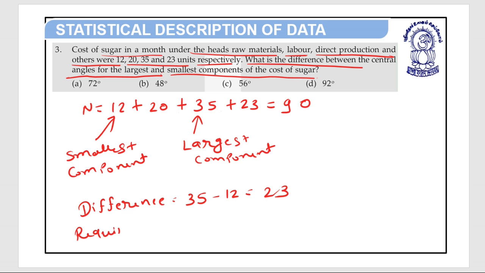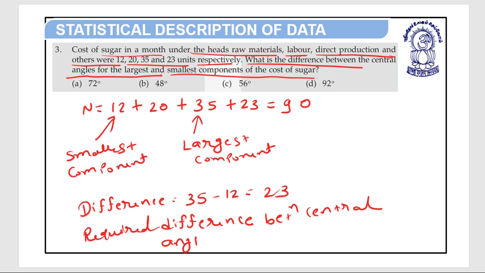So the required difference between central angle is equal to 23 by 90 into 360 degree. 90 fours are 360, so 23 into 4 is 92.